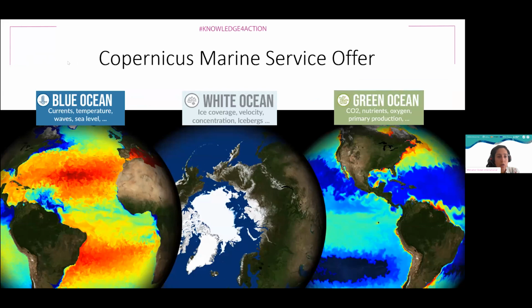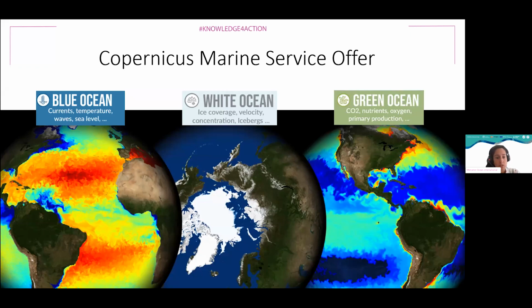Specifically, the Copernicus Marine Service provides data on three main axes of the ocean, or how we chose to divide it. The blue ocean covers more physical parameters like temperature, currents, waves, sea height, etc. The white ocean is the ice coverage and everything related to ice.